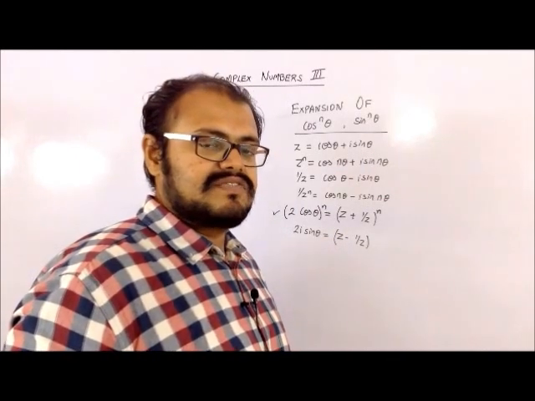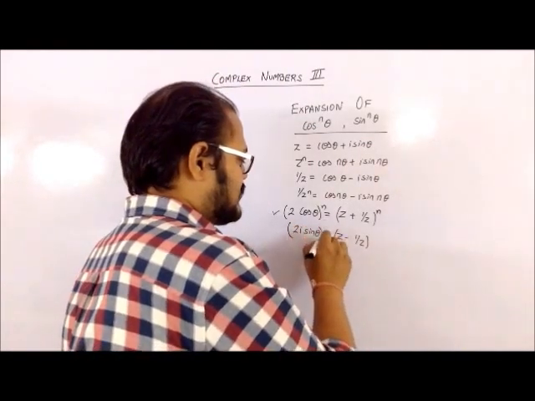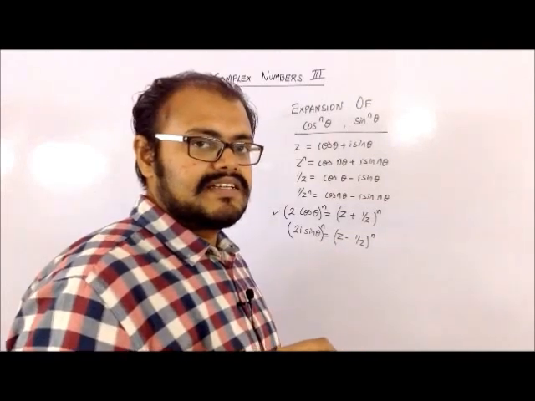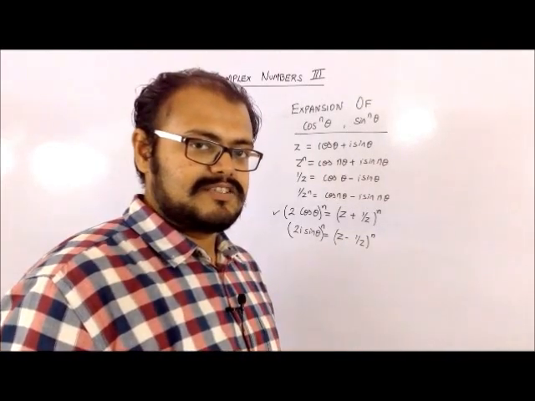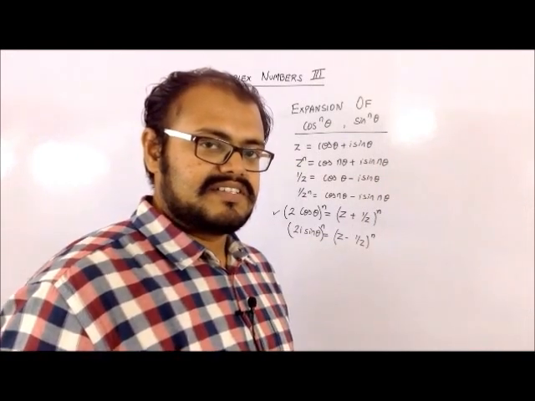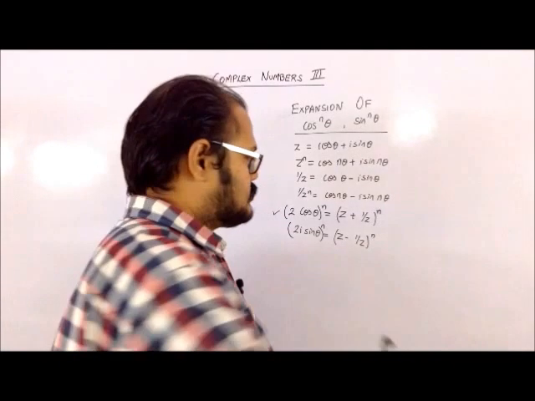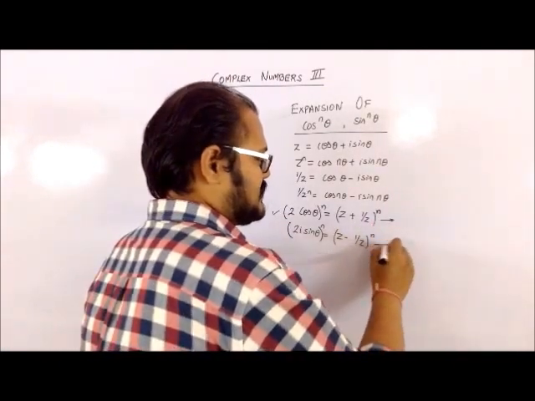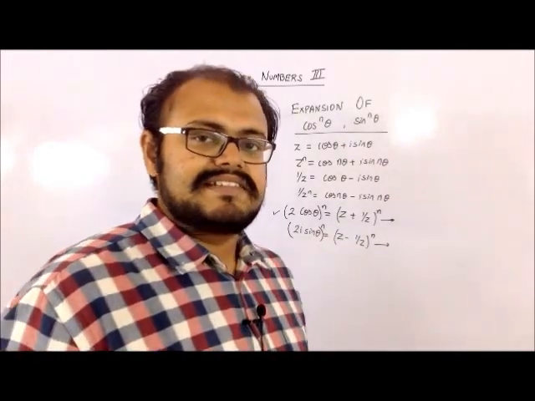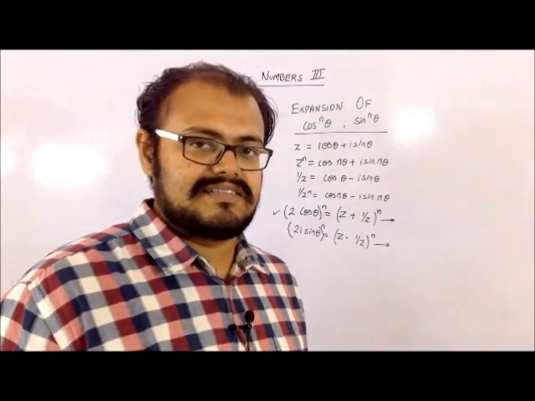If the question is to find sin raised to n theta, then you will take the second equation and raise it to the power n. After deciding which equation to take and raising it to the power n, you expand the LHS part using the binomial expansion.